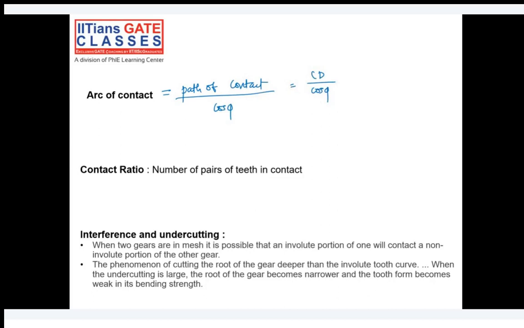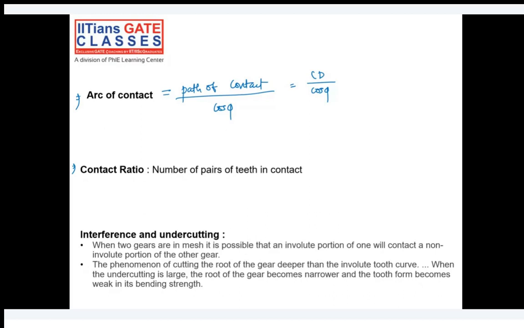And what is contact ratio? Contact ratio is the number of pairs of teeth in contact. Pair in the sense we are talking about gear and pinion. How many pairs of teeth are in contact?